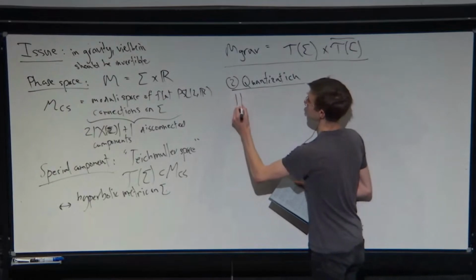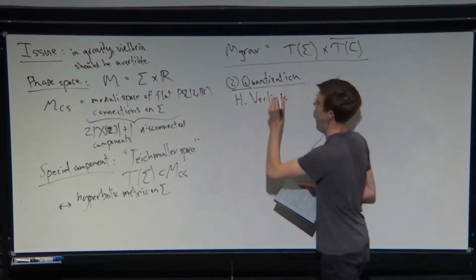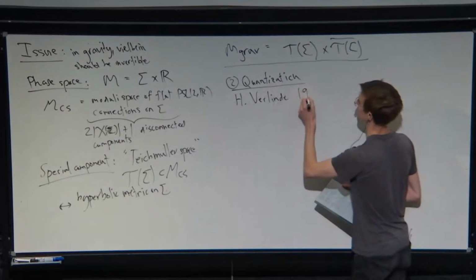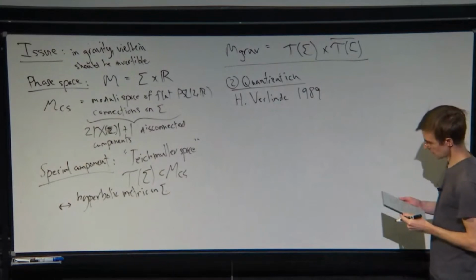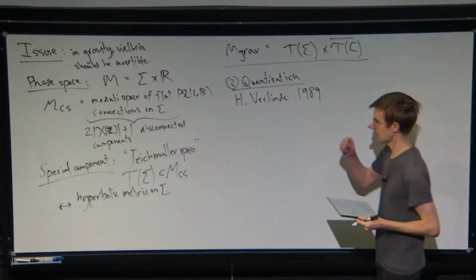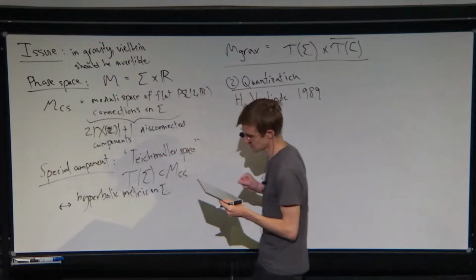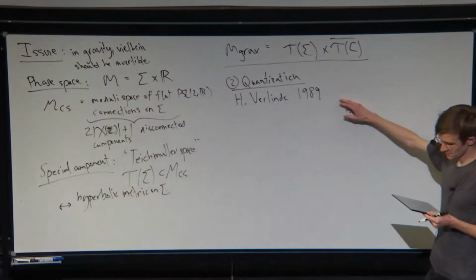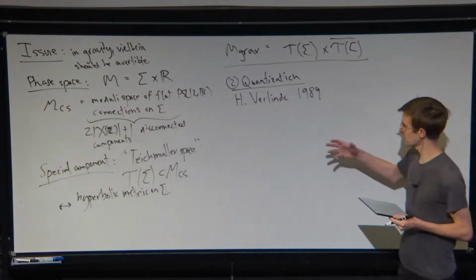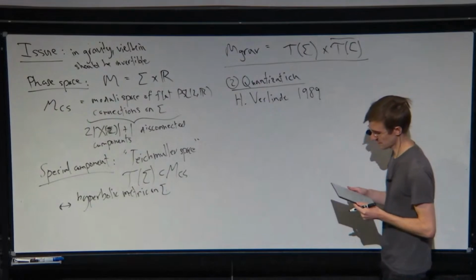Thankfully for us, this was considered in an extremely beautiful and prescient paper by Herman Verlinde in 1989. And what he showed was that in considering this SL2R Chern-Simons theory, with a very particular choice of polarization, the Gauss law constraints on the wave function and the quantization are exactly equivalent to the Virasoro-Ward identities.